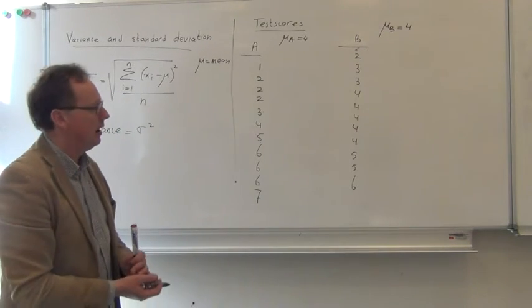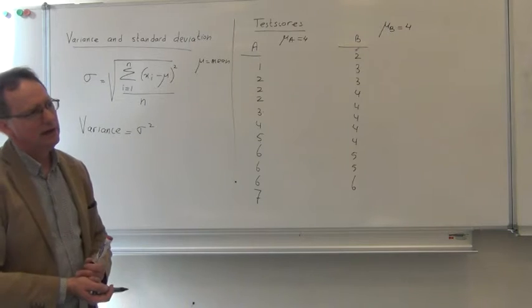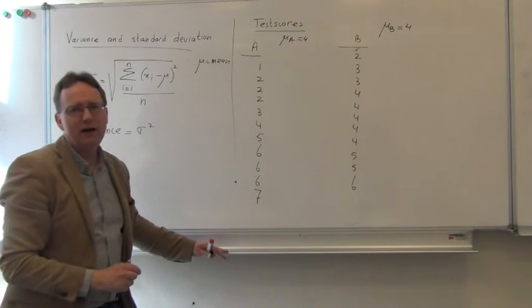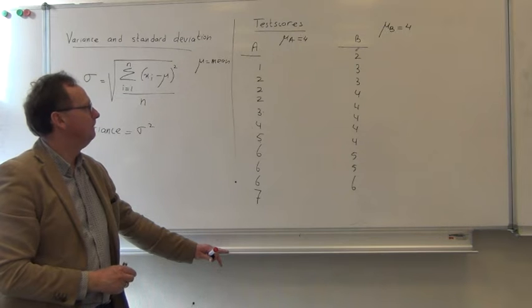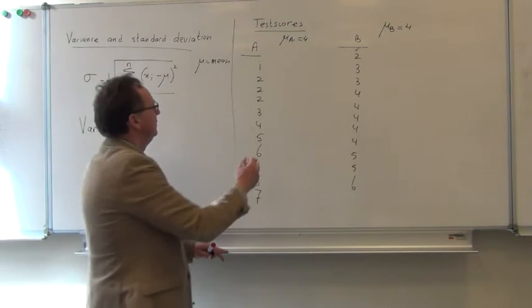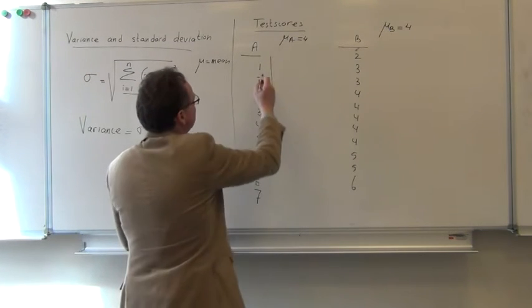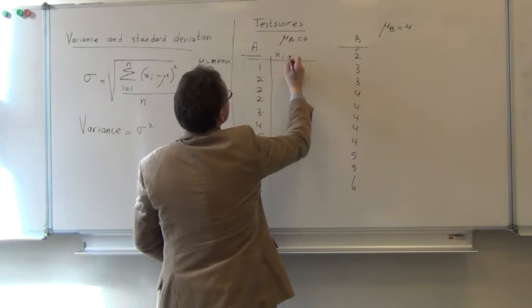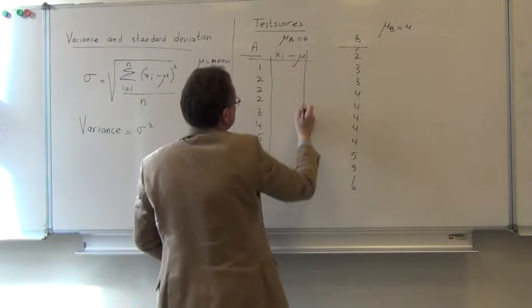How can we measure how much they are spread out? So the first thing is that you can, for every grade, look how far the grade is from the mean. So we just make another column there, and we write down the xi minus the mu there.